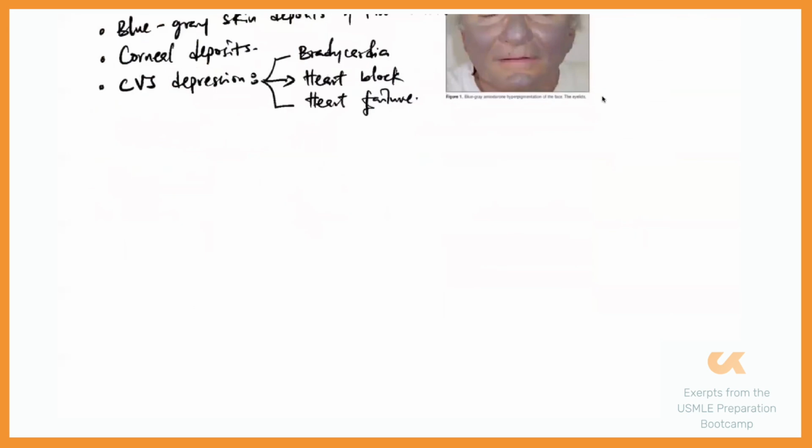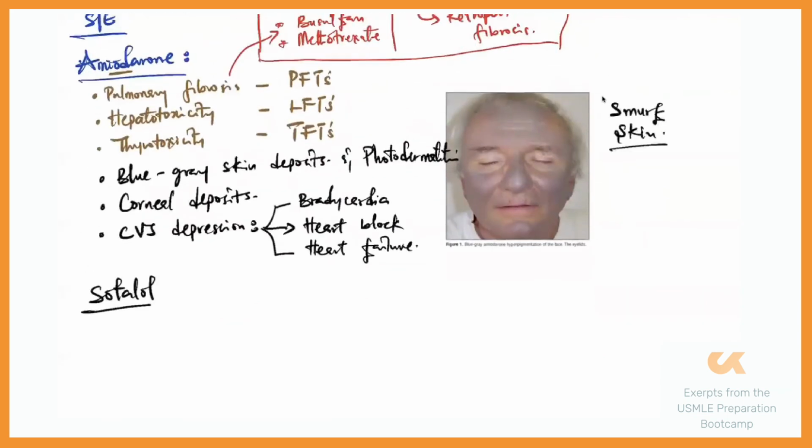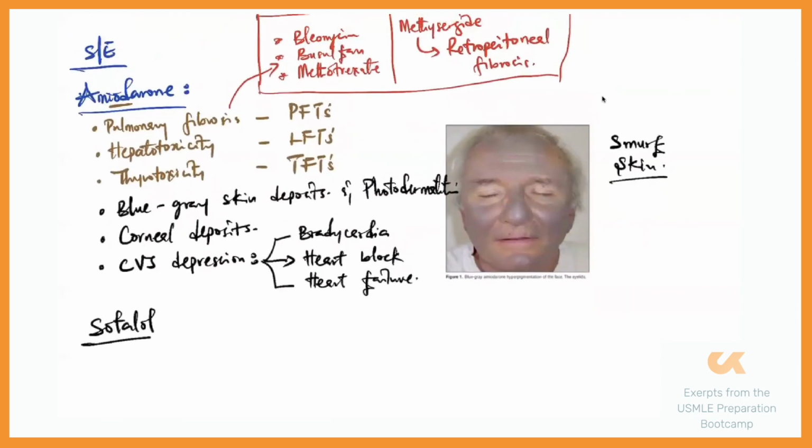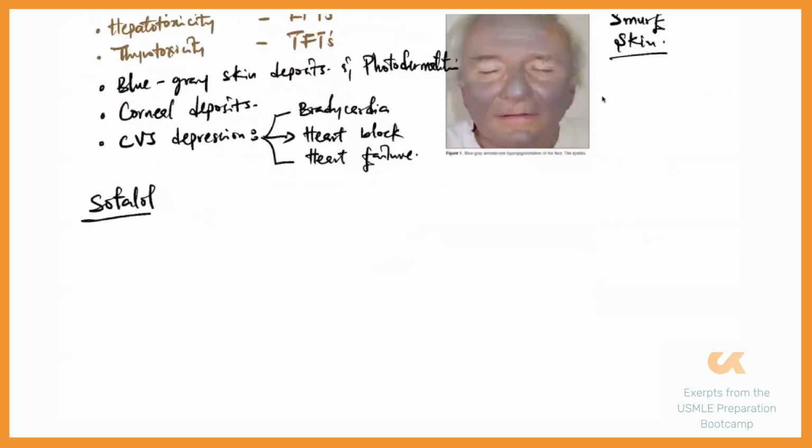The other medication you want to consider is sotalol, because these two tend to have the biggest side effects, right? So you want to actually remember amiodarone and sotalol, especially in this class. Sotalol, alol. Does that sound like a beta blocker to you? Exactly.